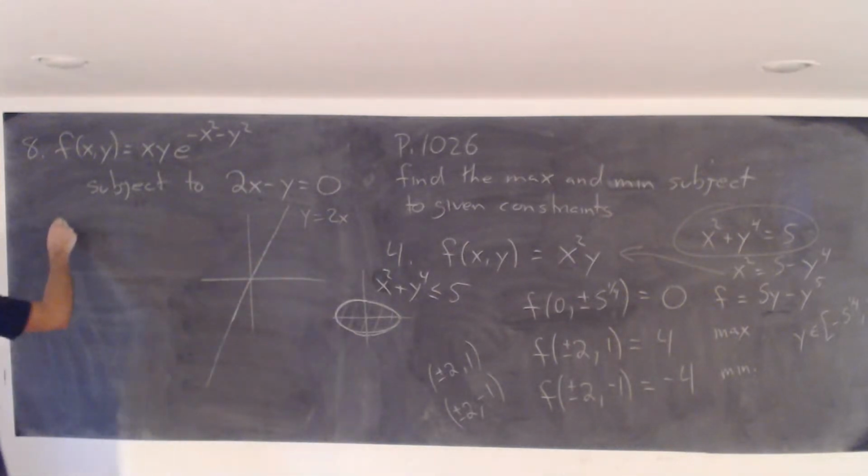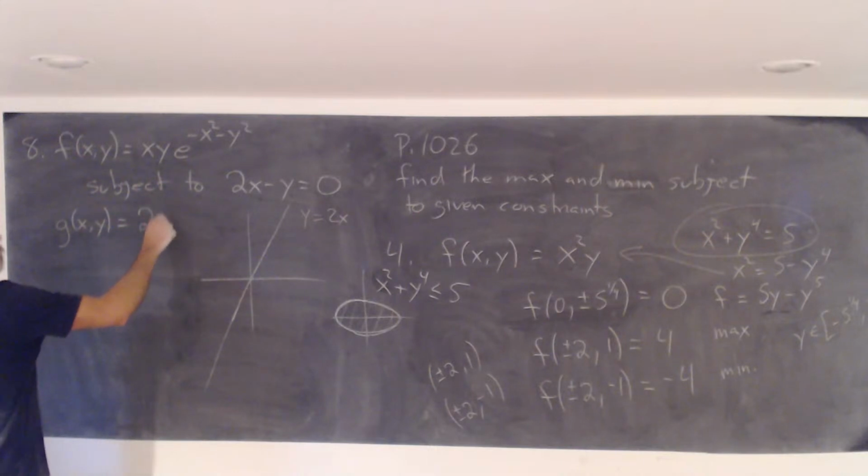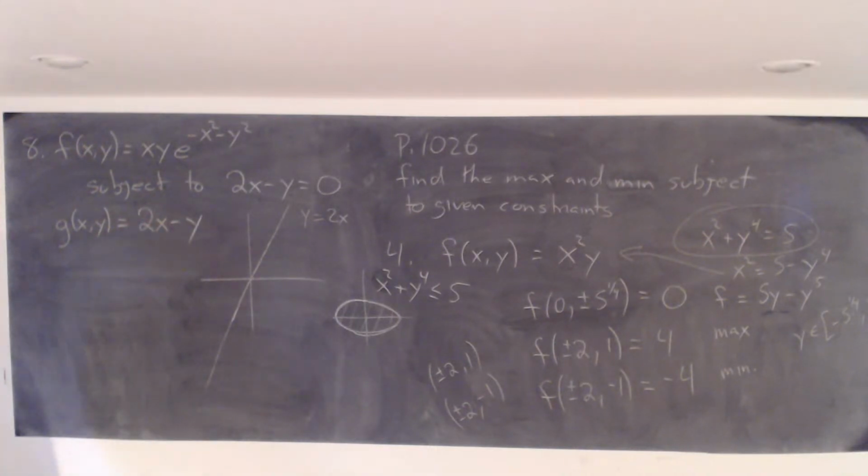Your function g is 2x minus y, and we want the gradient of f to be a multiple of the gradient of g. What is the gradient of f? Let me say this.